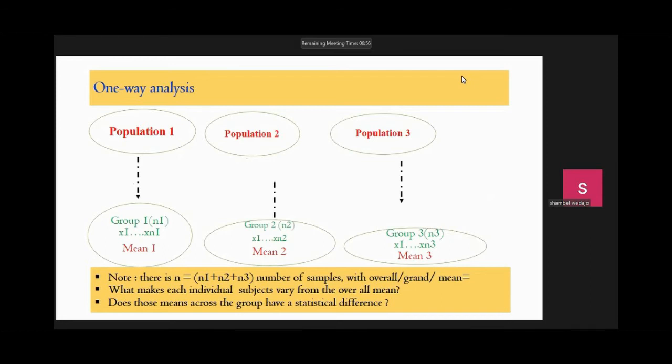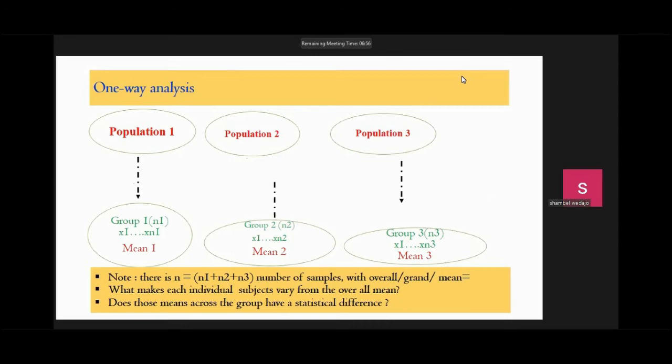You may have 10 individuals. In population 3, this population has group 3, which is high socioeconomy, which has N3 samples, starting from individual 1 to the final. Each of group 1, group 2, and group 3 has its own mean: mean 1, mean 2, and mean 3.